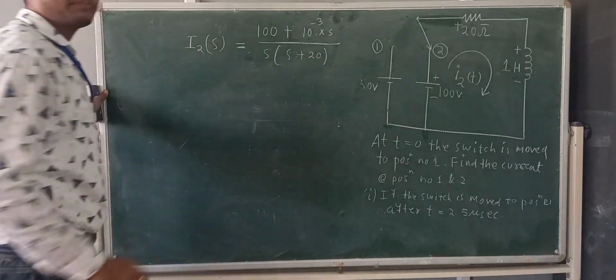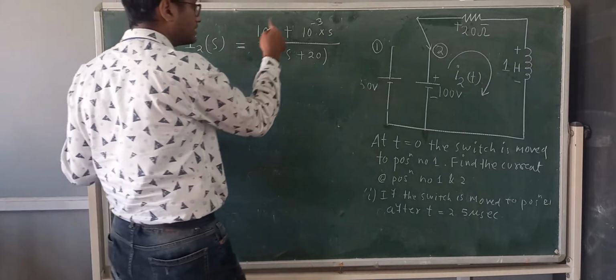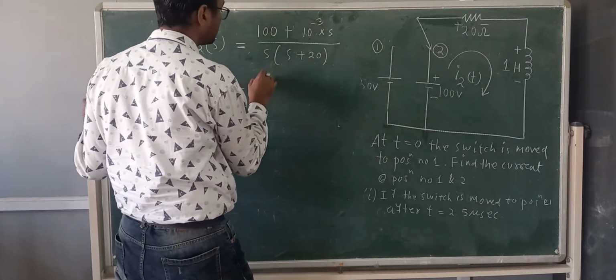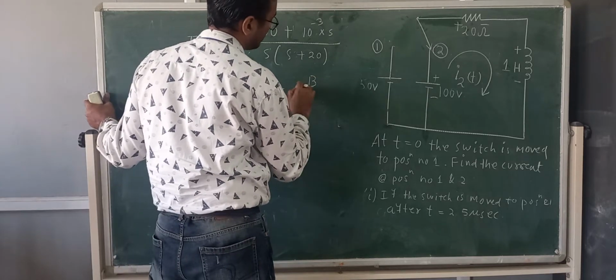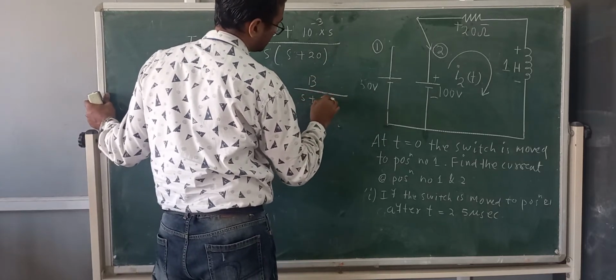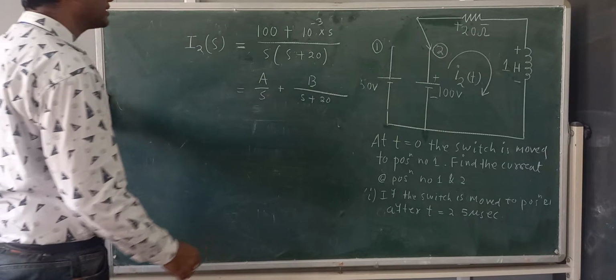What is the meaning of partial fraction? I will divide this total function into two sub functions, A by s plus B divided by (s plus 20). Let us find A.